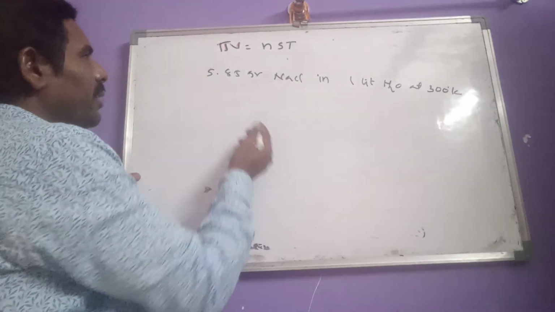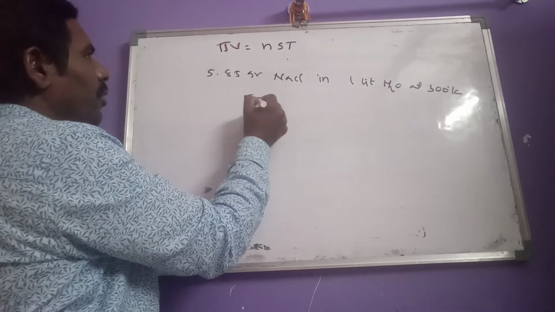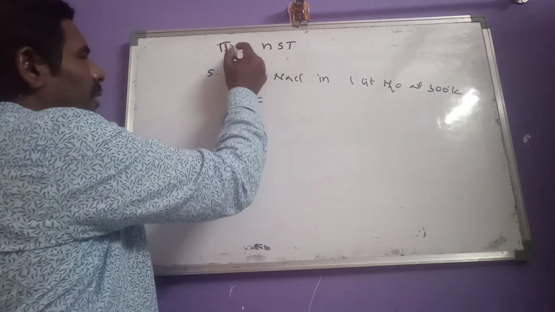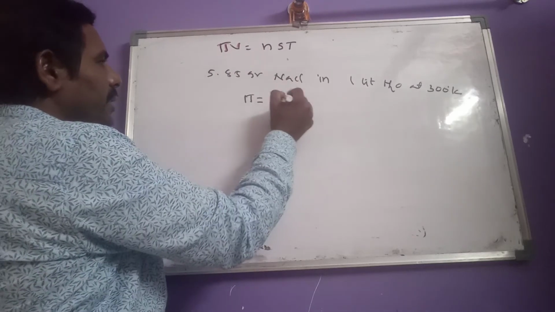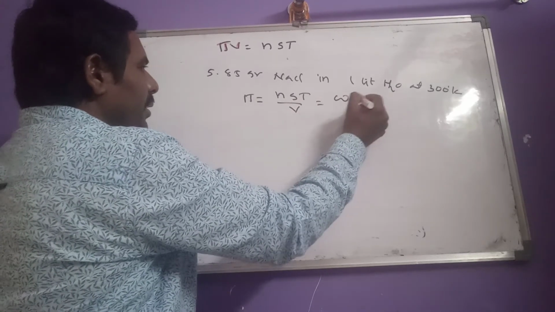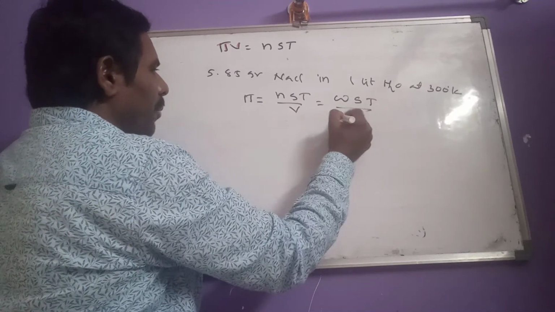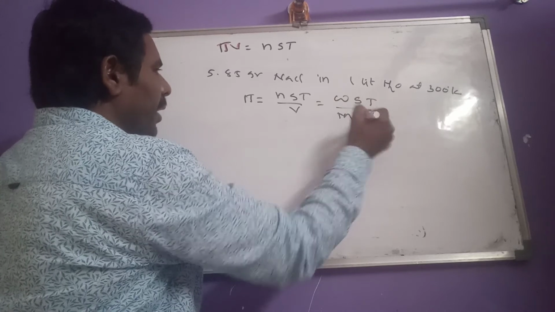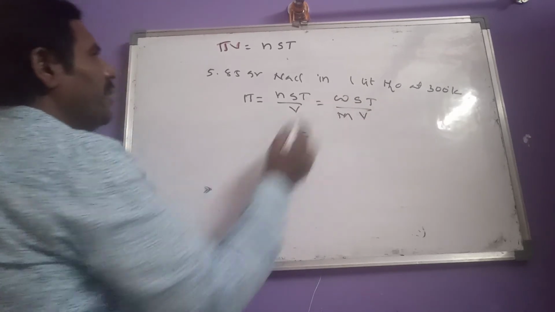So now here, pi equals to nST by V, and n can be written as W by M. So W by M, and here I am writing V. Now what is the weight of solute?